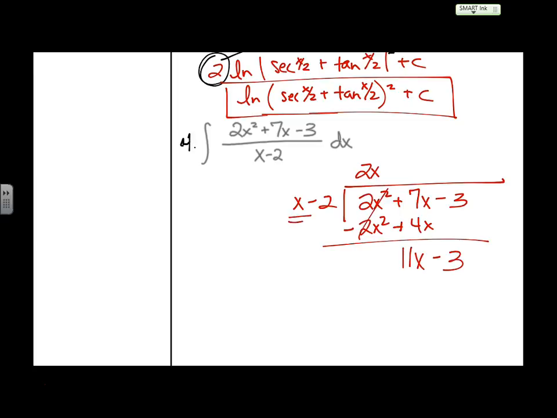Oh, I'm stuck. How many times? 11. Look at the outer terms, right? Plus 11 to keep it the same. I get 11x minus 22. Subtract means switch both the signs. I end up with the remainder of, and how do I show this mathematically?